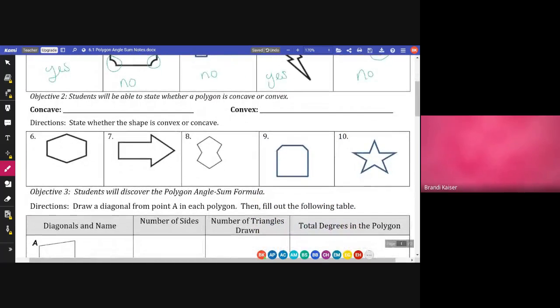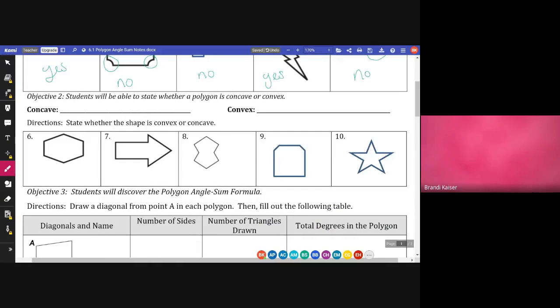For the next thing that we're going to talk about, we have to talk about concave and convex shapes. The definition that we're going to use for concave: typically when you hear the word cave, you think of a cave in, right? So we're looking for something that's caving in on itself.